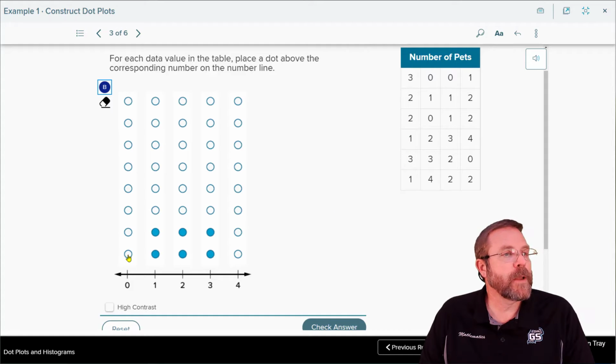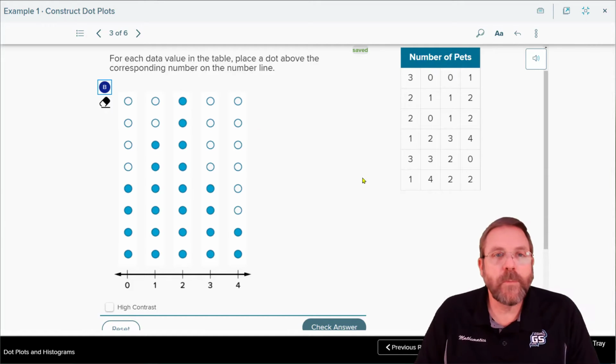In my second column, I have a 0, a 1, another 0, a 2, a 3, and a 4. In the next column, I have a 0, a 1, another 1, another 3, and 2 more 2s. In the last column, we have a 1, we have a 2, we have another 2, we have a 4, we have a 0, and we have another 2.